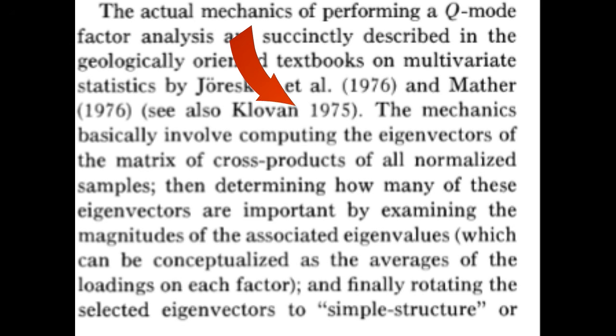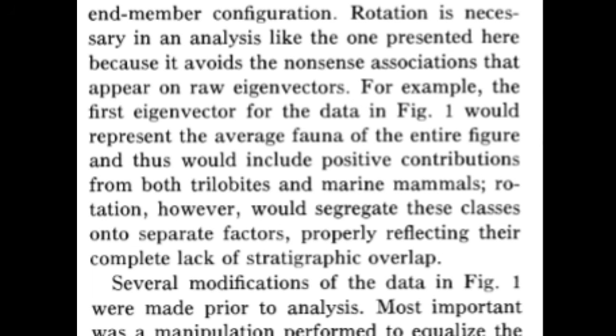The mechanics basically involve computing the eigenvectors of the matrix of cross products of all normalized samples, then determining how many of these eigenvectors are important by examining the magnitude of the associated eigenvalues, which can be conceptualized as the averages of the loadings on each factor, and finally rotating the selected eigenvectors to simple structure or end-member configuration.